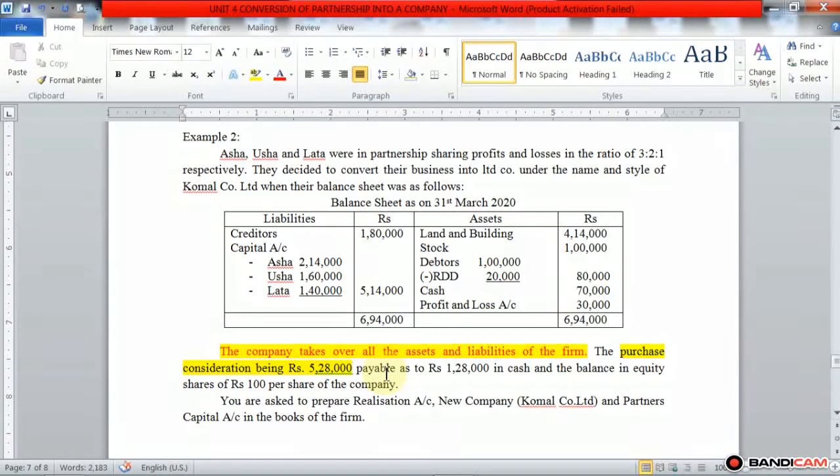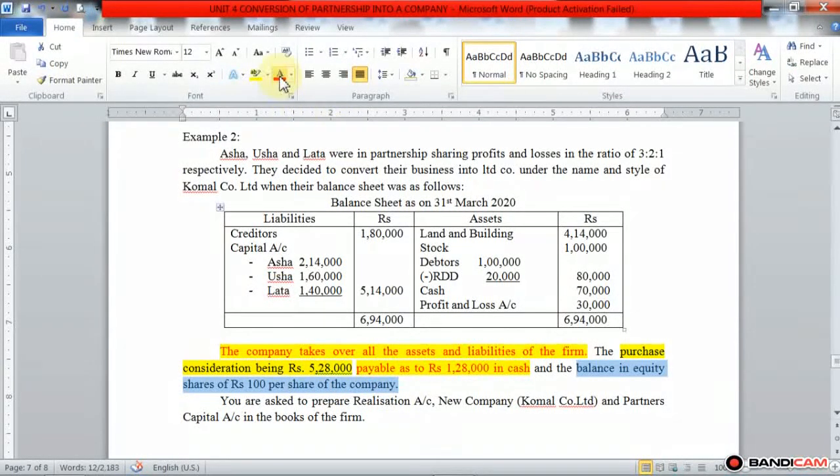This purchase consideration is payable in the form of, so here the mode of payment of purchase consideration to the partnership firm is given, that is, purchase consideration being rupees 5,28,000 payable as to rupees 1,28,000 in cash, and the balance in equity shares of rupees 100 each of the company.